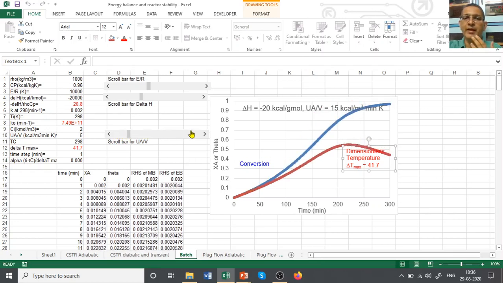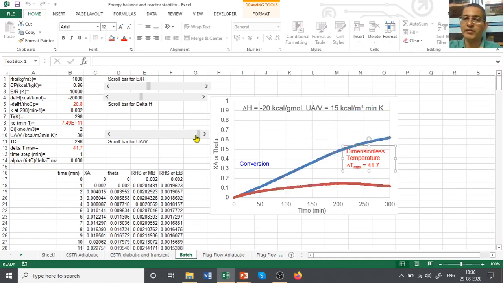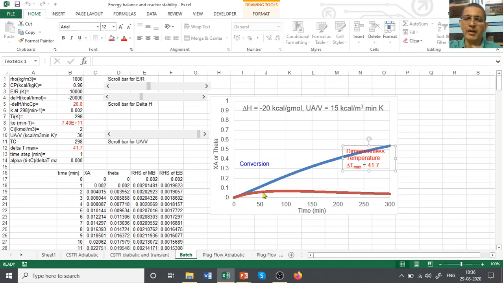So, like a laboratory reactor, if I operate a laboratory reactor, which means a high UA by V, high surface area because the size is small, I see a very small rise in temperature. Maybe it rises only by 4 or 5 degrees. 0.05 is the dimensionless rise in temperature. 0.05 times 40, 2 degrees centigrade. That's all the rise.